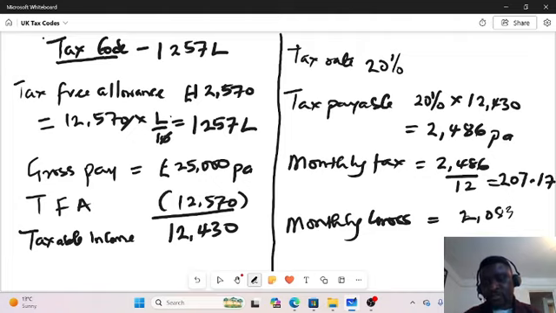Then for your tax, let's say there will be National Insurance, N9. I'll talk about it in a separate video. So they will take maybe 105, I'm not sure. If you set that aside, then your tax will now be 207.17. That will determine the amount to be paid to you at the end of the month.